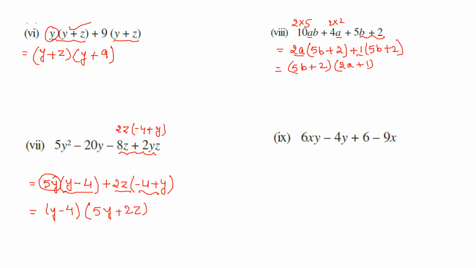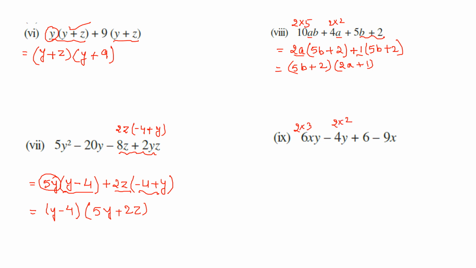Now the ninth question. Here also, if you can see, in all the four terms nothing is common. So I will make a group of the first two terms. From here I can take y common as the variable, and in the number part, 6 I can write as 2 into 3 and 4 I can write as 2 into 2.